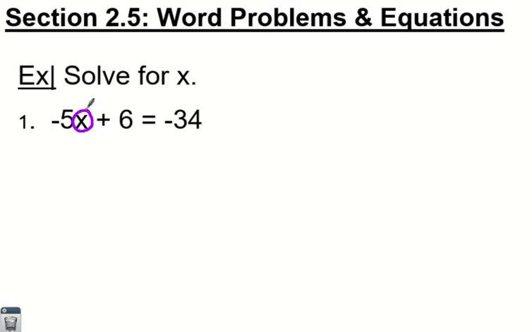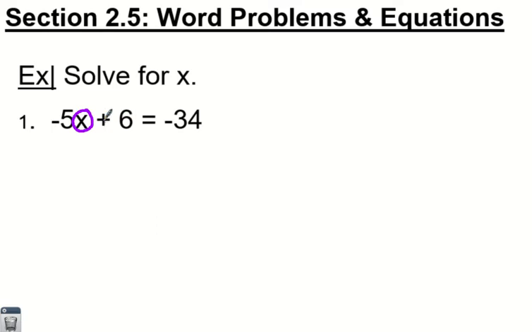As far as the left side, this x is not by itself. There's this -5 crowding it, and there's this +6 crowding it. So which one do we get rid of first? Because it matters, like I pointed out last class.